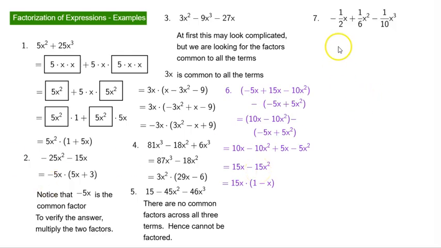Okay. Now seventh one. Remember coefficients can also be fractions. So we have minus 1 by 2x plus 1 by 6x square minus 1 by 10x cube. And the denominators 2, 6 and 10 are there. 2 3s are 6, 2 5s are 10. And since they are in the denominator, 1 by 2 is the greatest, 1 by 10 is the smallest. So let's bring all the denominators common.